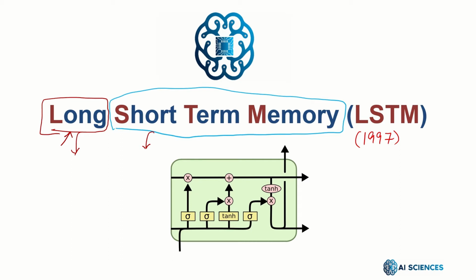Maybe we should write the name as longer the short-term memory, or the short-term memory should be longer, something like that. Anyway, there will be a notion of short-term memory, and we want it to stay longer, and it will reflect some of the information that should be preserved for a large amount of time.